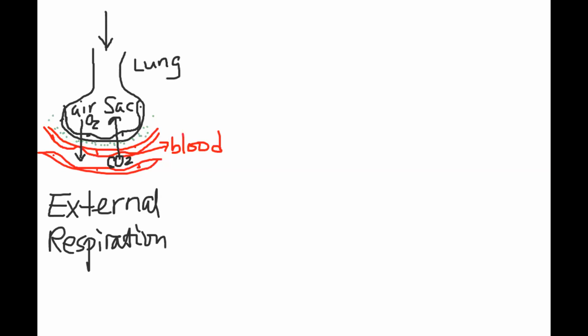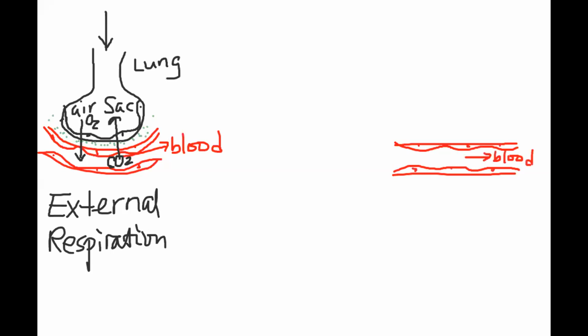If we have external respiration, then we should have internal respiration as well, right? Internal respiration is between the blood capillaries and the tissue cells around these blood vessels. So this again is the blood capillaries.